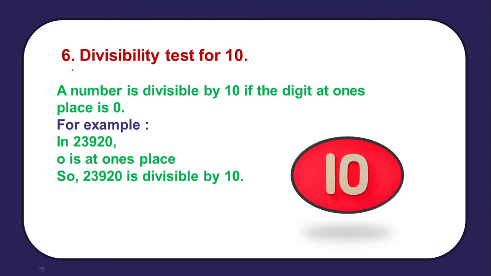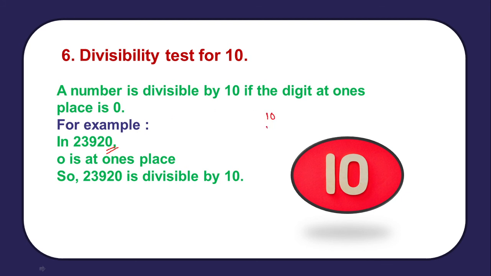Now the next test for divisibility is the divisibility test for 10. A number is divisible by 10 if the digit at the ones place is 0. Simply, children, you need to check the last digit. If the last digit is 0, then that number definitely comes in the table of 10.